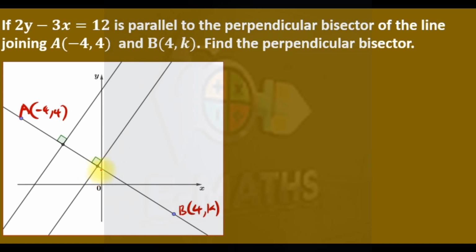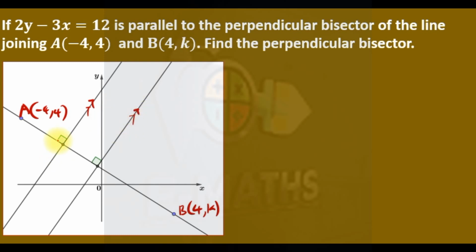This is the midpoint, and that's the perpendicular bisector. We are to get its equation. It's a line because this is also a line. This line is parallel to the perpendicular bisector.